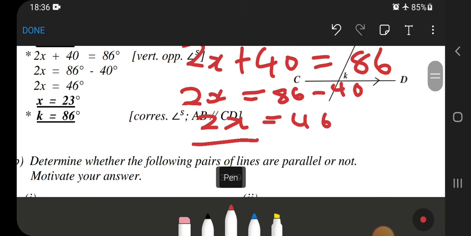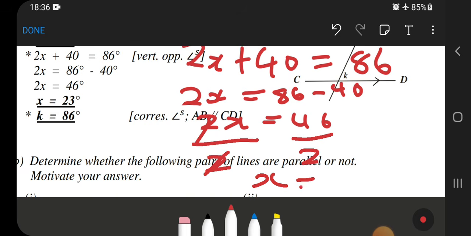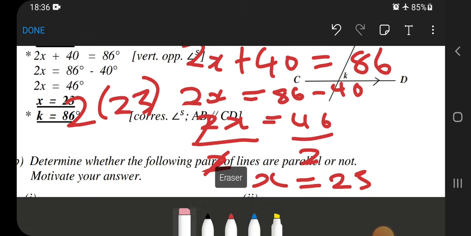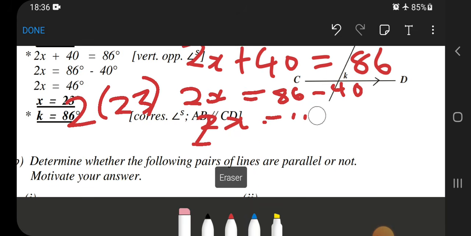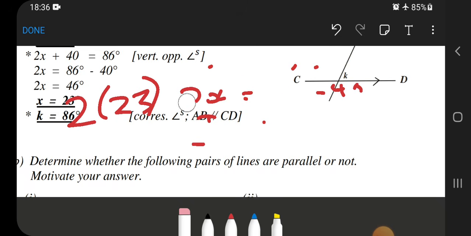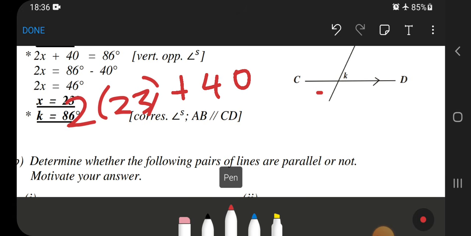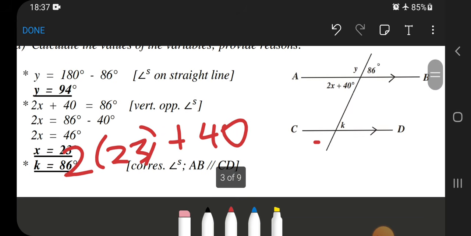And then we divide by 2 on both sides to cancel this 2. Then x equals 23. So where you see 2, you're going to put 23 plus the 40 to get that angle.